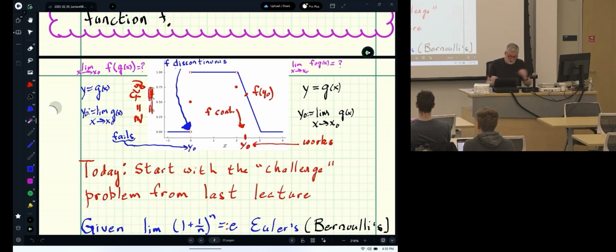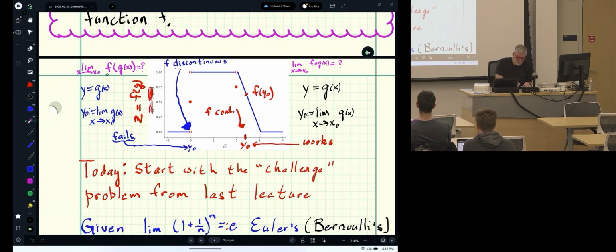Whereas on the other side, I just chose a really friendly value for y0. If the function g of x has a nice limit at x0 and it gets us y0, and then we look at y0 and we see the function is continuous at that point, then we can just evaluate the function there and we have the limit of the composition.